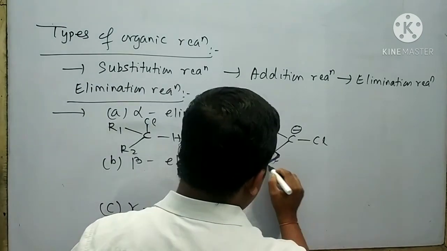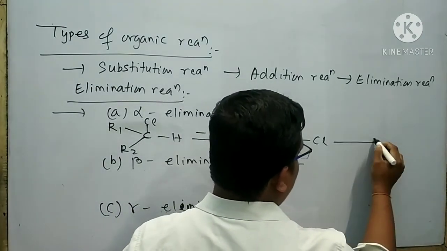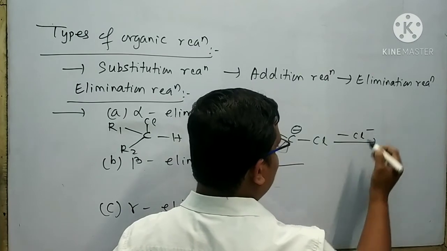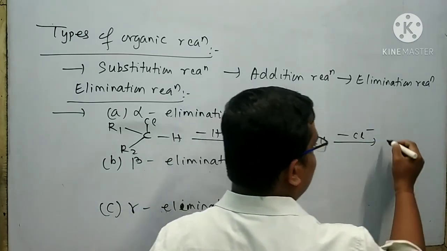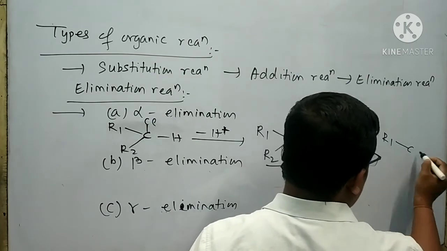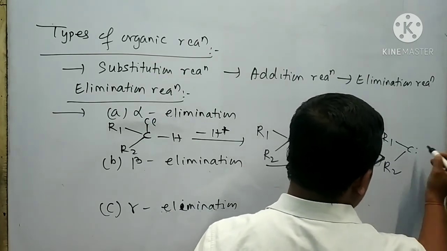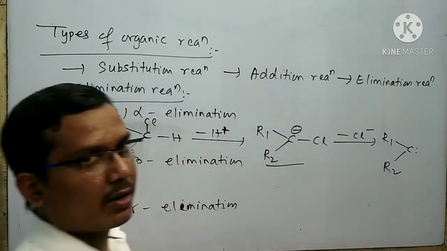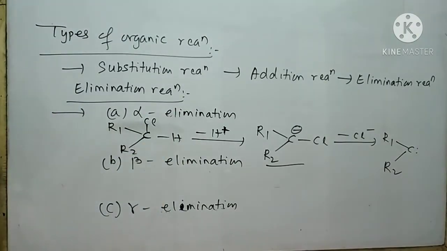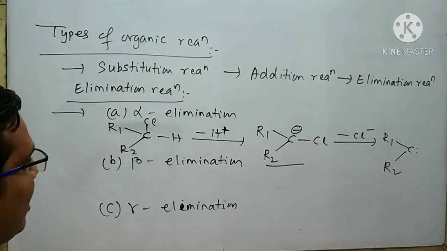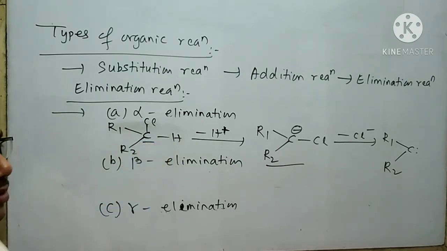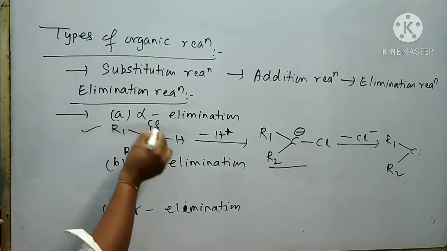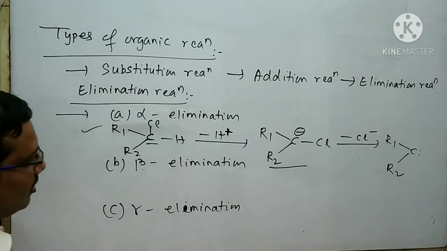Again this unstable product loses one Cl minus ion and forms this product. This is said to be one type of carbene. In this reaction, both H plus and Cl minus ion are removed from this carbon atom. This is an example of alpha elimination.